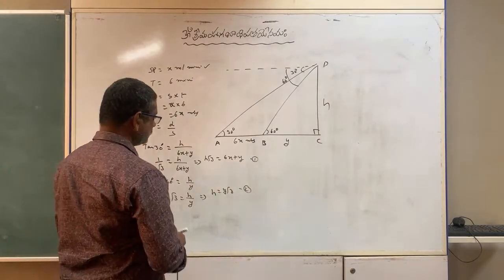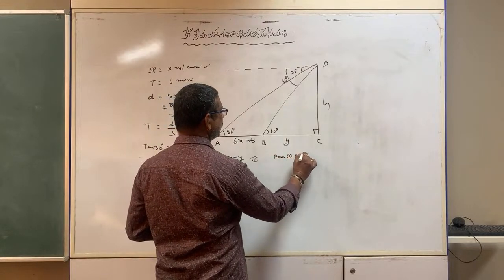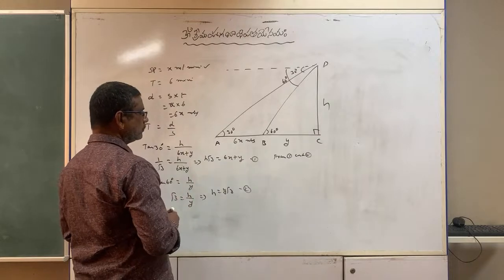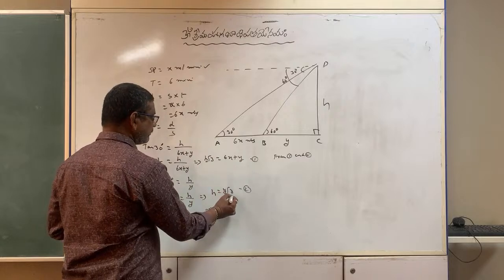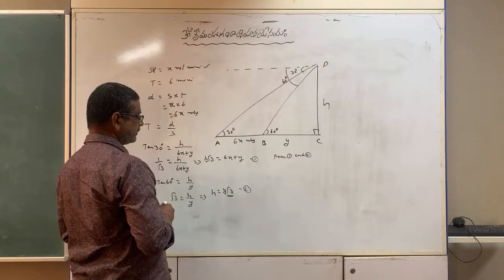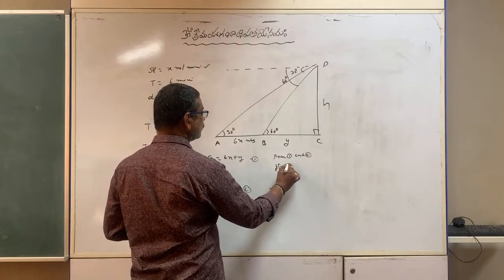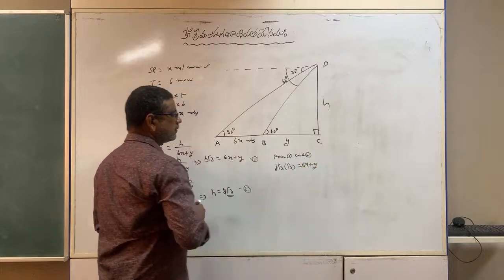Now, from 1 and 2, in the place of h, I will insert y root 3 in the first equation. So what does it become? y root 3 into root 3 is equal to 6x plus y.